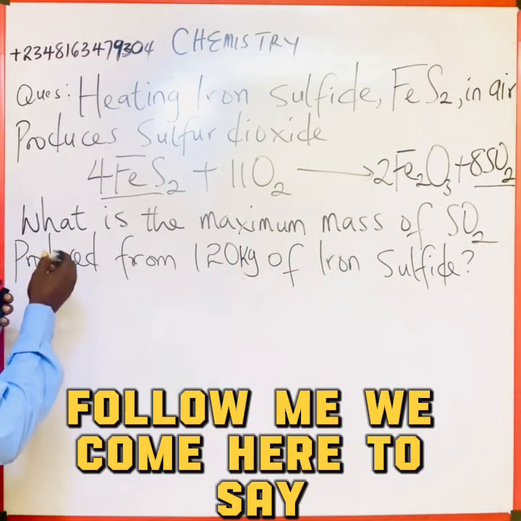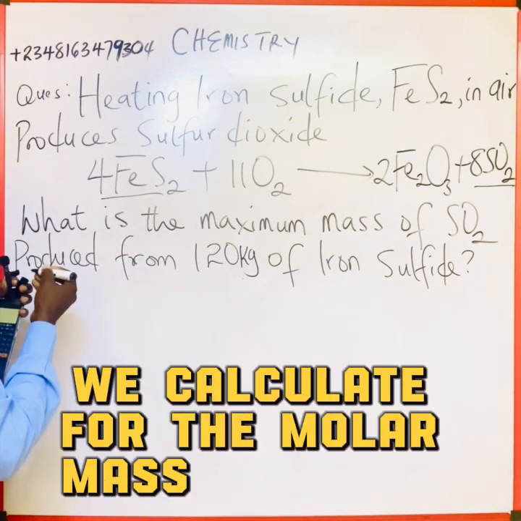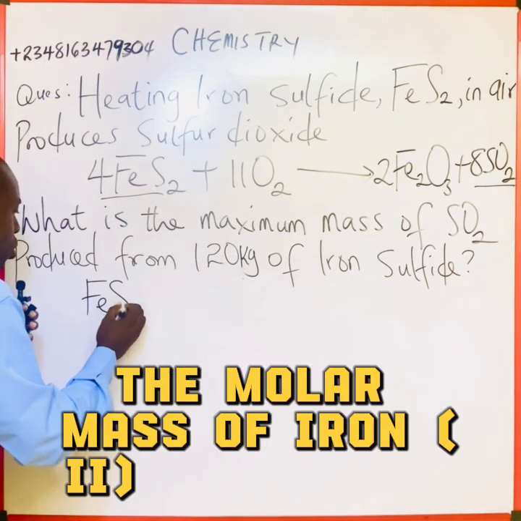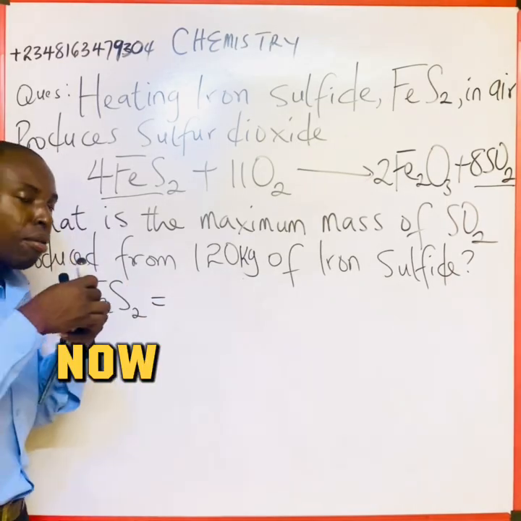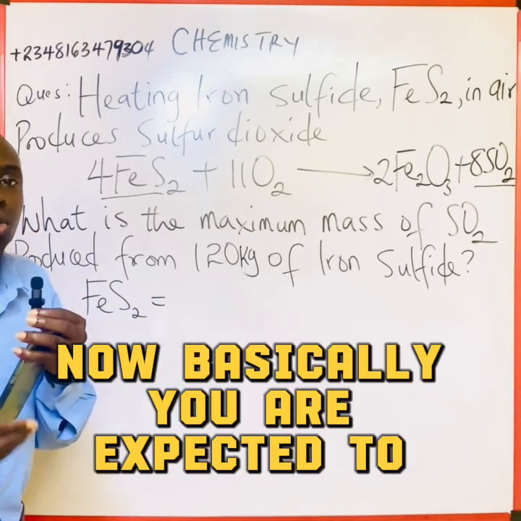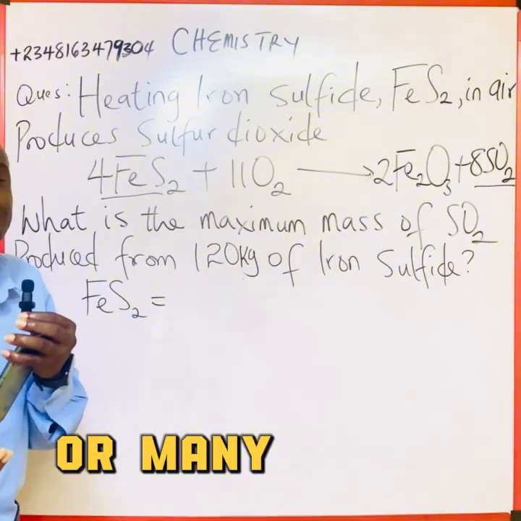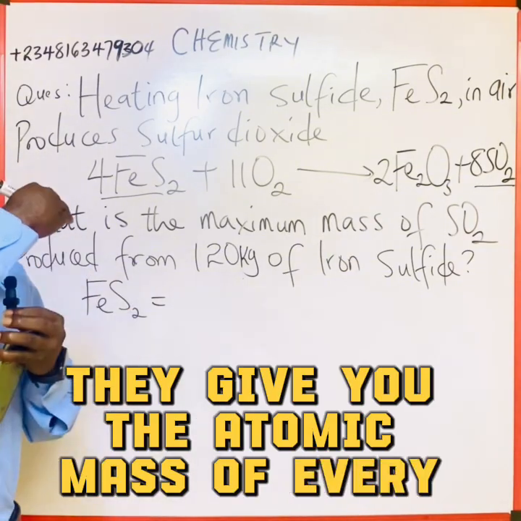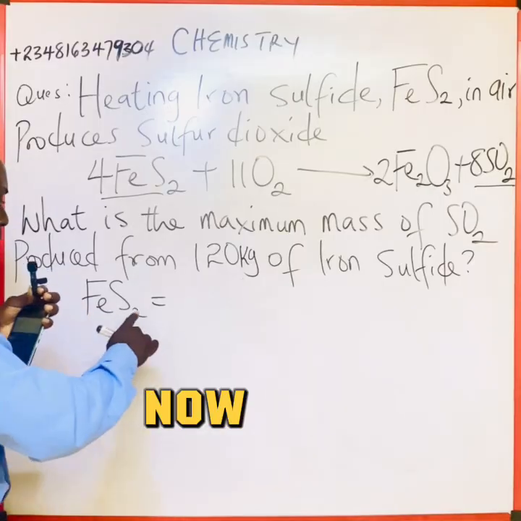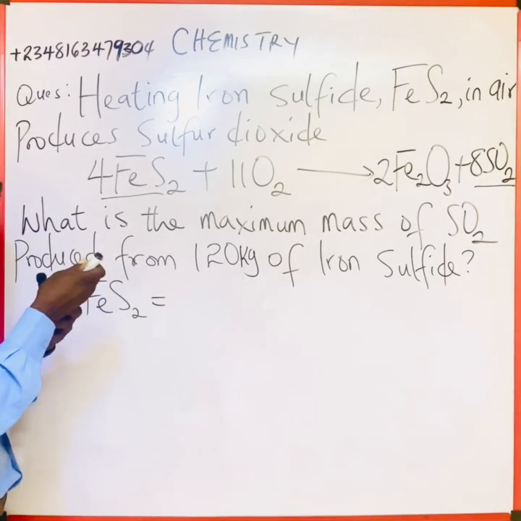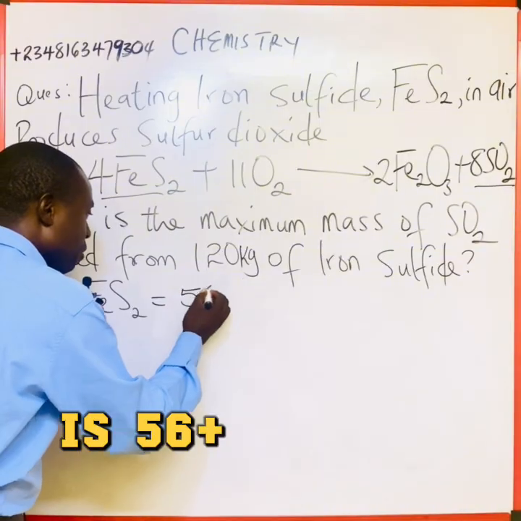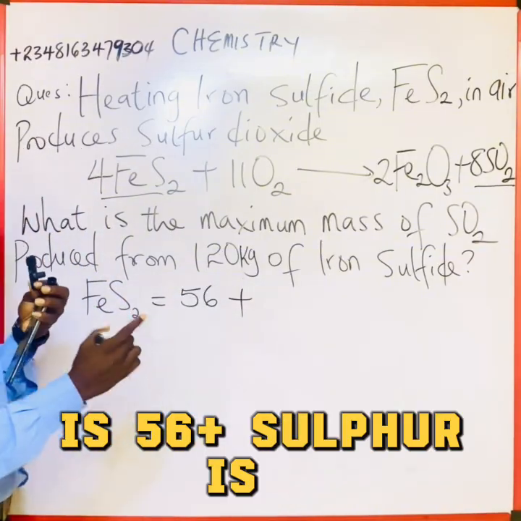We calculate the molar mass of iron(II) sulfide. Basically you are expected to know the atomic mass, or many times they give you the atomic mass of every element. The atomic mass of iron, which is always given to you in the question, is 56, plus sulfur is 32.